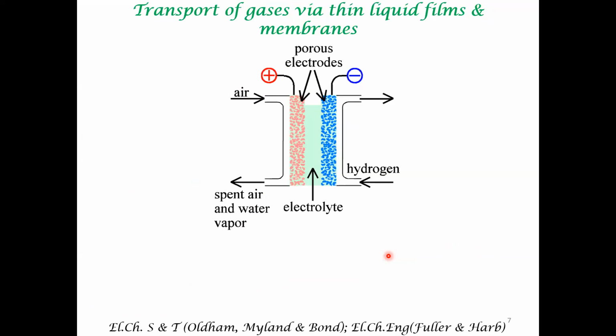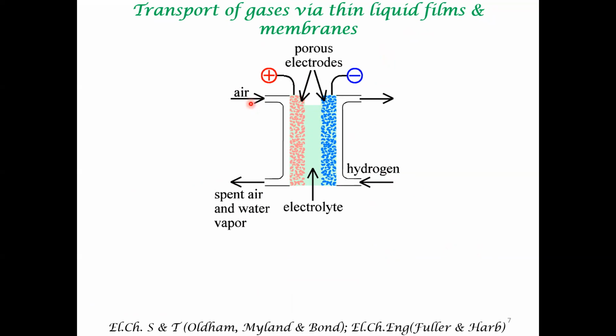Lastly, there is also transport of gases via thin films and membranes. For example, in fuel cells, this is of great importance. The way a fuel cell works is that, in this case, it's a hydrogen fuel cell. The reactants are hydrogen and oxygen. They undergo an exothermic reaction to generate water.